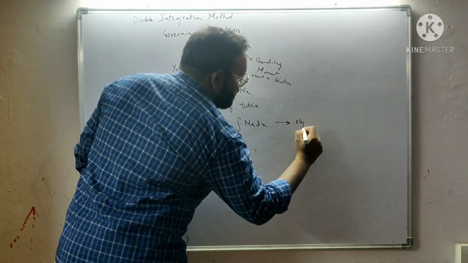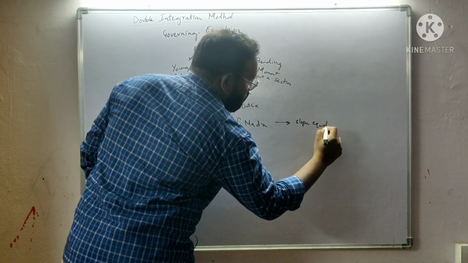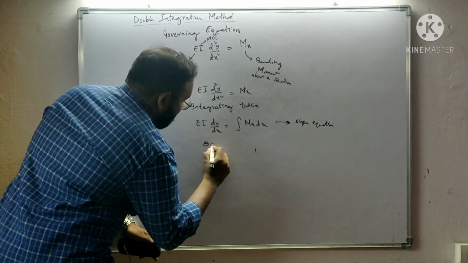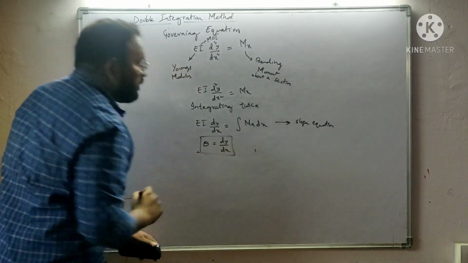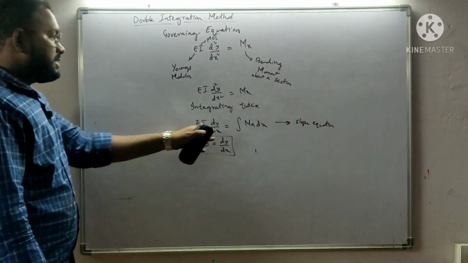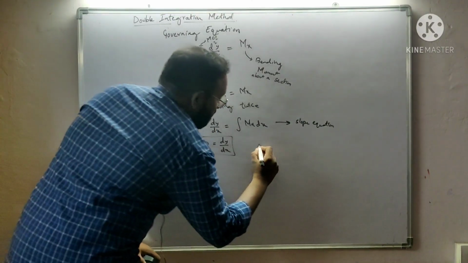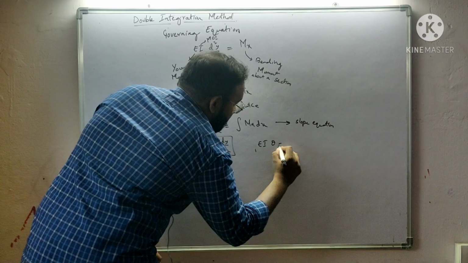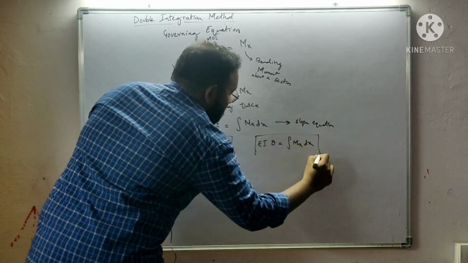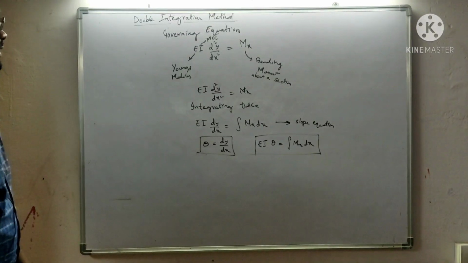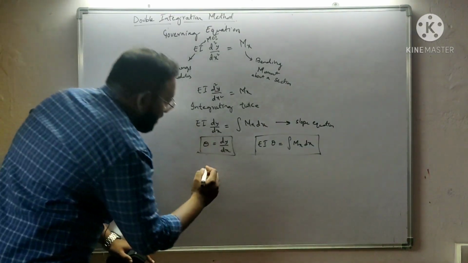So this is your slope. On first integration of the governing equation, you will get slope. Theta is equal to dy by dx. So EI theta is equal to the integral of Mx dx. This is your first equation, and the first integration will give you the slope.